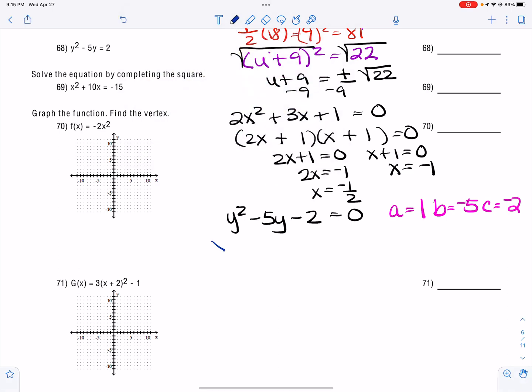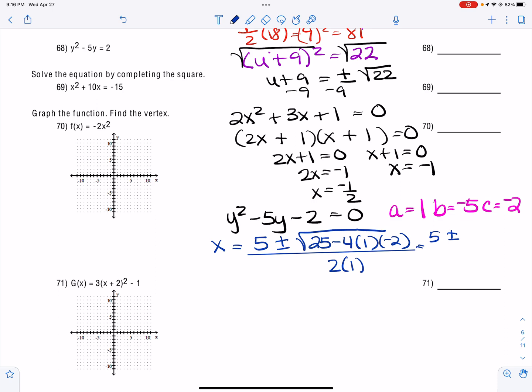So I use the formula. x is the opposite of B, which is the opposite of -5, is +5, plus or minus the square root of B squared, which is 25, minus 4 times A times C, all over 2 times A. And so now that simplifies to 5 plus or minus the square root of 25 minus 4 times 1 times -2, which is the same as 25 plus 8, which becomes the square root of 33, all over 2. And that's all I can do.